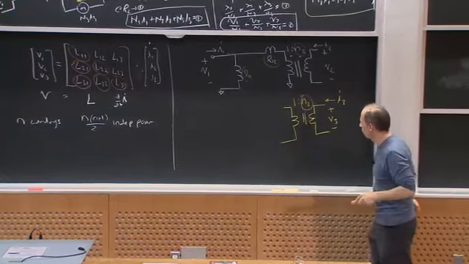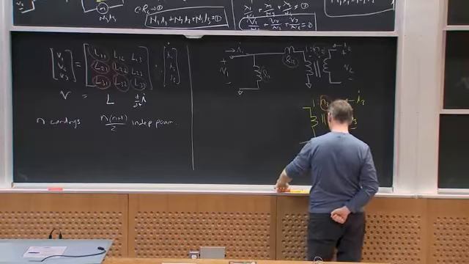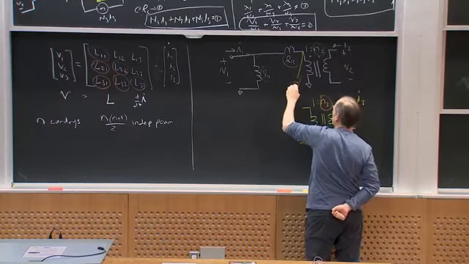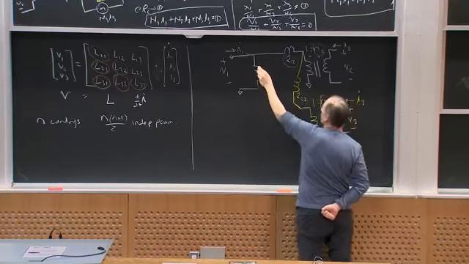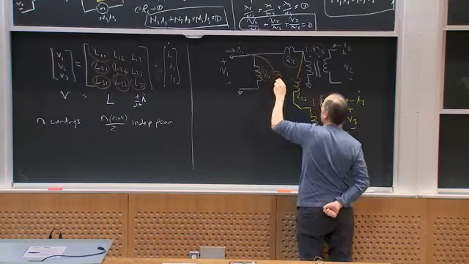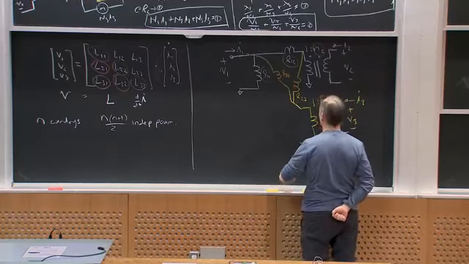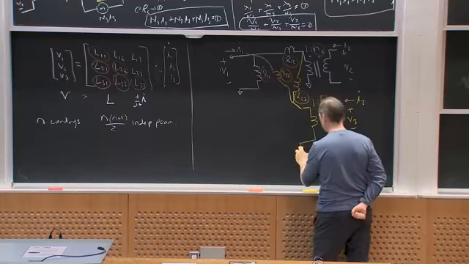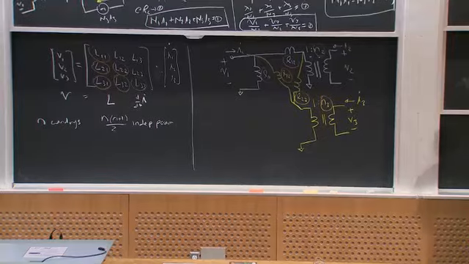And now I need 2 more. Well, I can model the other 2 just with an inductance from here to here, which I'll call L23, and an inductance from here to here, which I'll call L13, and that gives me my 6 parameters. And I tie this one to the same reference point. So you can kind of see where this is going.